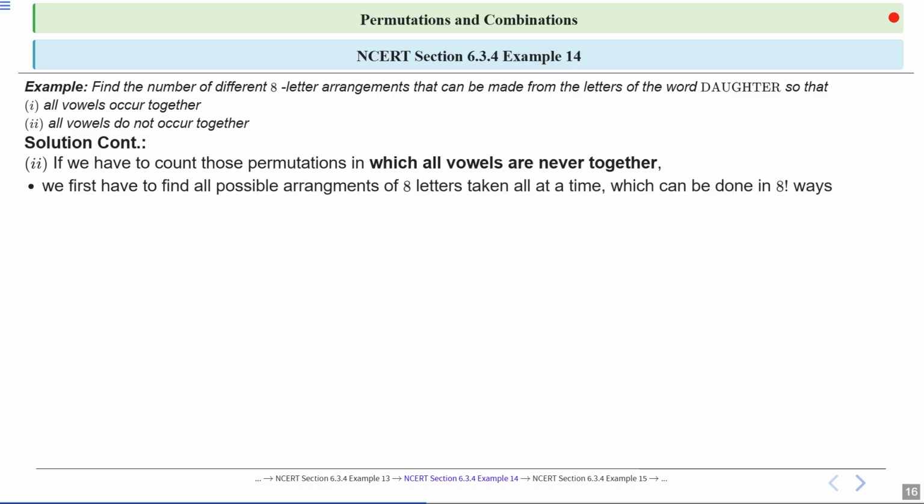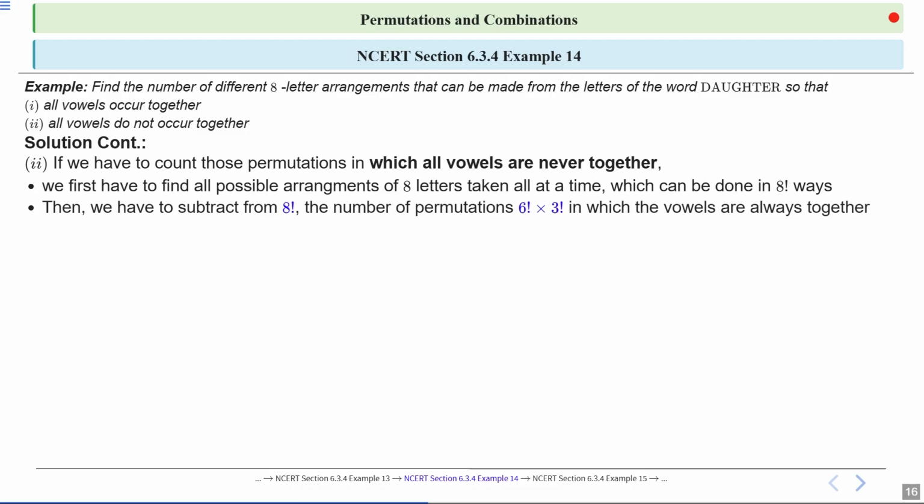We first have to find all possible arrangements of 8 letters taken all at a time, which can be done in 8 factorial ways. Then we have to subtract from 8 factorial the number of permutations, 6 factorial into 3 factorial, in which the vowels are always together.